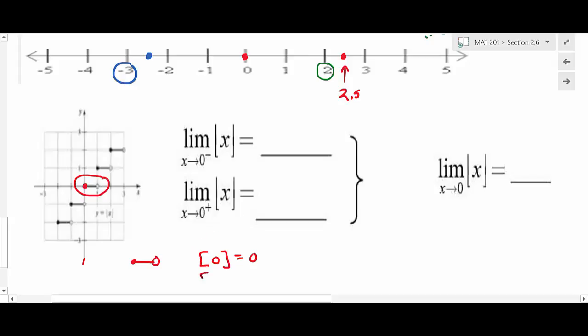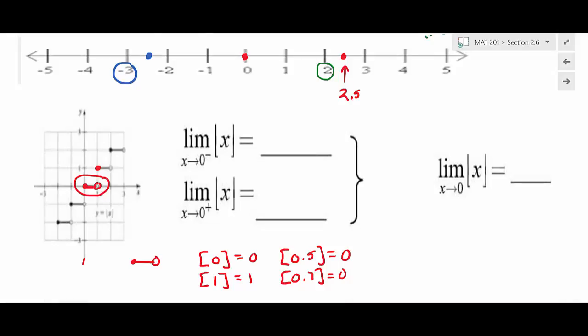But the greatest integer of 1 jumps up to 1, so that point jumps up there. However, all the decimal numbers between 0 and 1 give 0. The greatest integer of 0.5 is 0, the greatest integer of 0.7 is 0, and so forth. For positive numbers in decimal form, you're just looking at the number before the decimal. So all those decimal values form a constant function, and it would look like that.